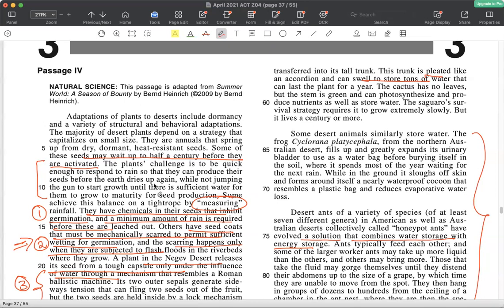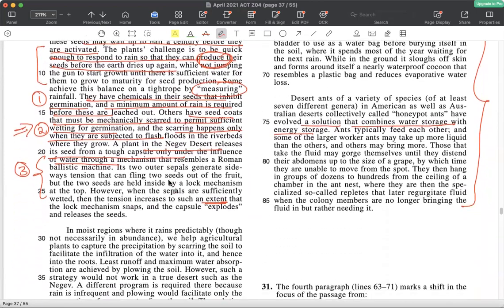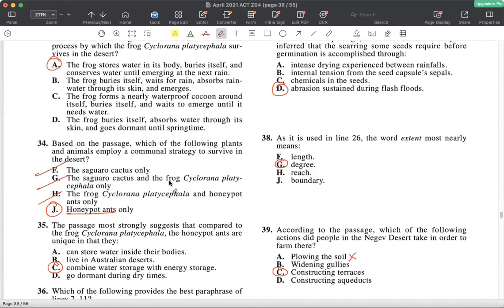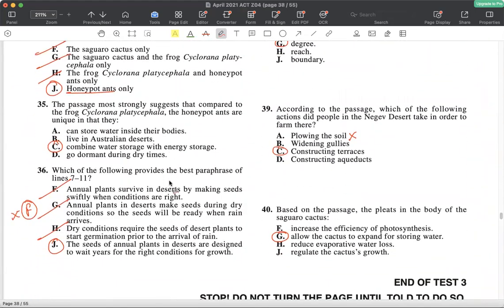Oh, right. Okay, the plant's challenge is to be quick enough to respond to rain so that they can produce their seeds before the earth dries up again. Okay, so the seeds are not even produced. I did not understand the word activated correctly. The seeds are not even produced, right? They do not wait because the seeds are not activated, right?